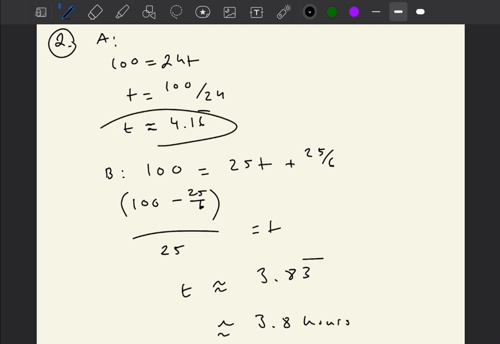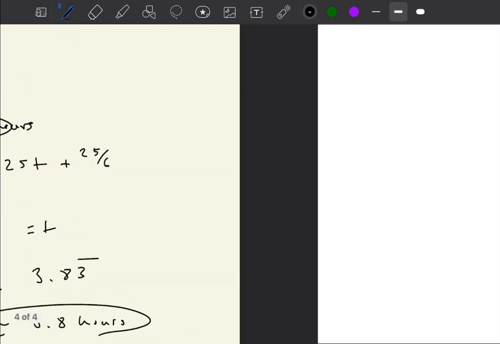So here we can see that boat A reaches 100 kilometers after 4.16 hours, but boat B reaches it only after 3.8 hours, which is pretty much faster.